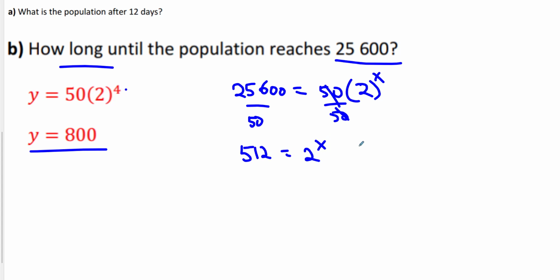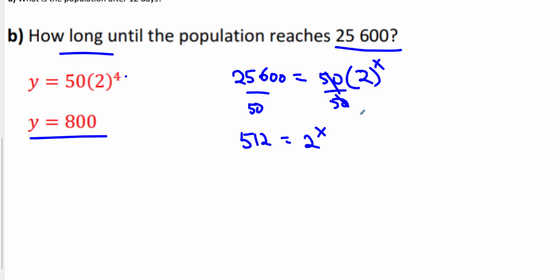Now in grade 11, you probably learned two methods, like the guess and check method, trial and error. And then perhaps your teacher taught you about logs. Do you know how to do logs? All right, if you're confused about logs, this is how you use them algebraically in an equation. You can type this symbol, log, on both sides, because remember it's an equation, so you have to use it on both sides.